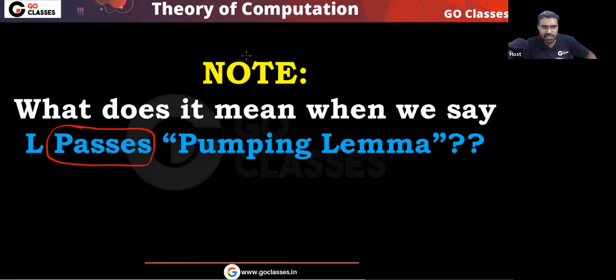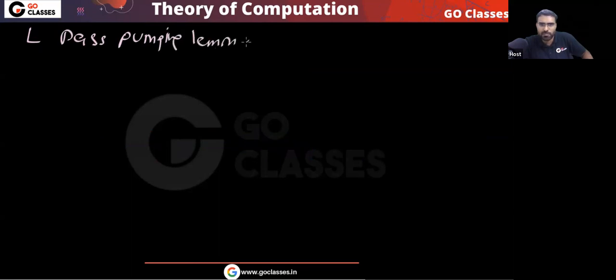L satisfies the pumping lemma, what does it mean? Okay, L passes the pumping lemma. This means there is a magical number.